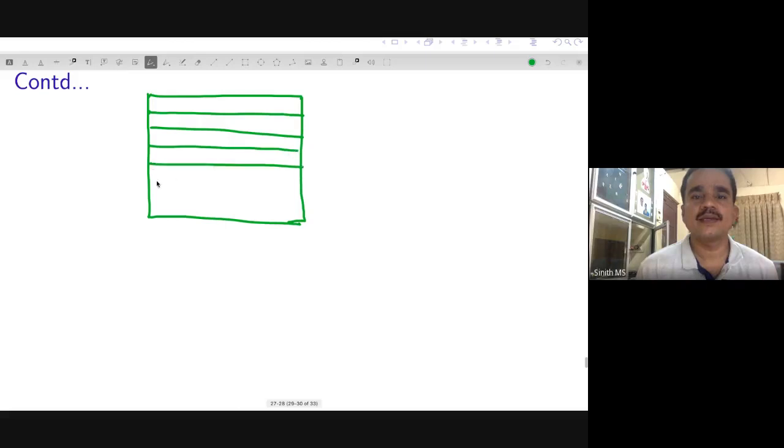You know that each pixel is represented as an array, so consider each of these arrays as one pixel. This is one pixel.